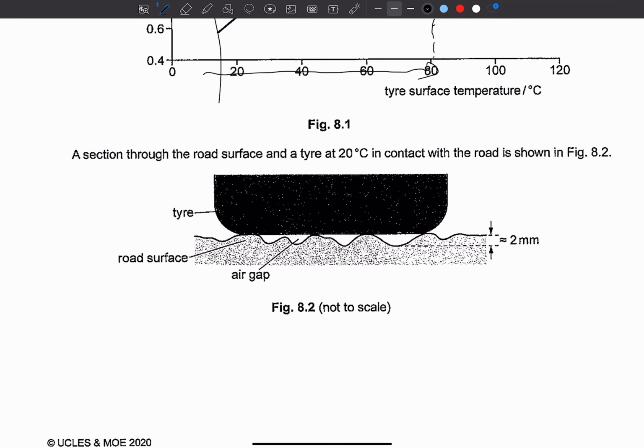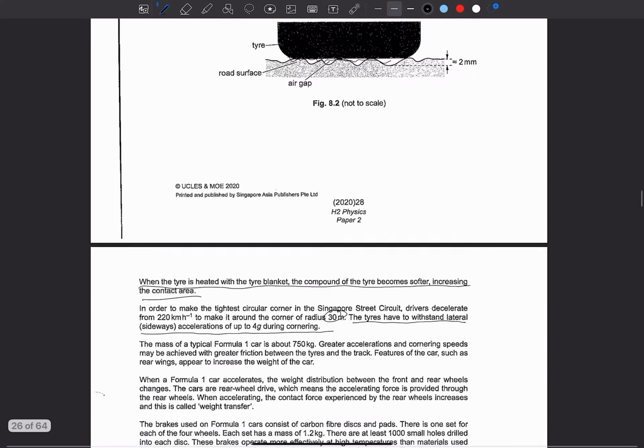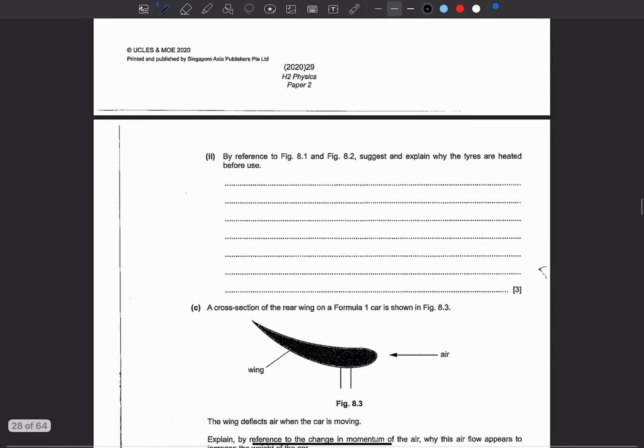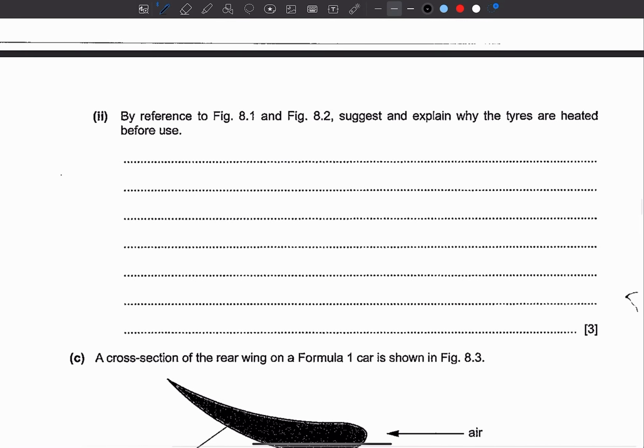So when the tire is heated to a higher temperature, it will start to essentially sink into the gaps, quote unquote, it will sink into the gaps, thereby increasing the surface area, thereby increasing the friction coefficient, thereby increasing the friction between the wheel and the ground. Right. So in order to answer the question, suggest and explain why the tires are heated before use. First point, when the tires are heated, they become softer and fill up the air gaps.